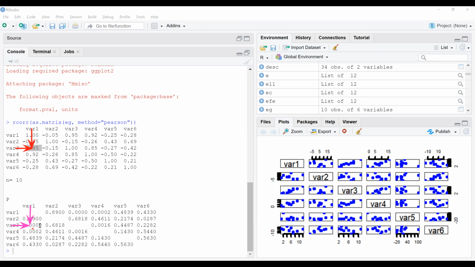So it's not a matter of just identifying values that are 0.3 and above and saying they are good. You have to come down and check whether the P values are less than 5%. Once that is done, you can confirm that there is a significant relationship there.